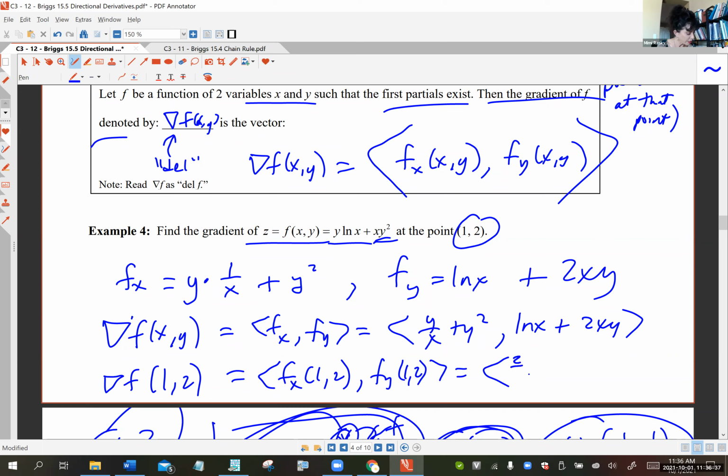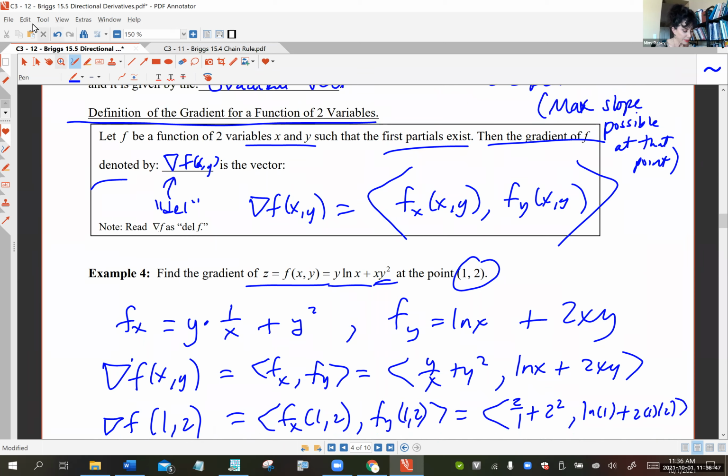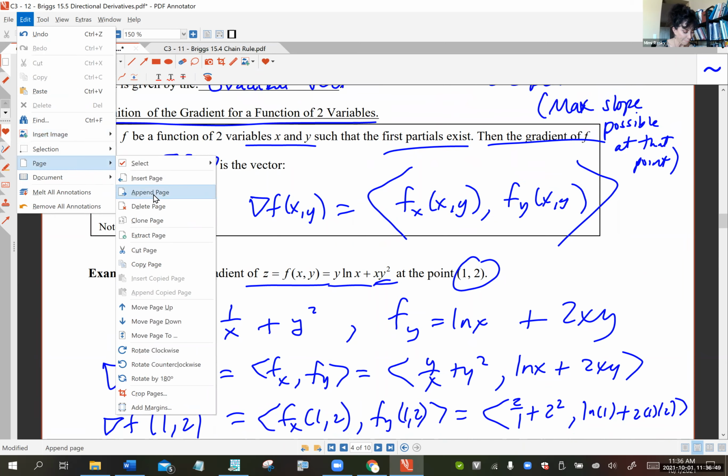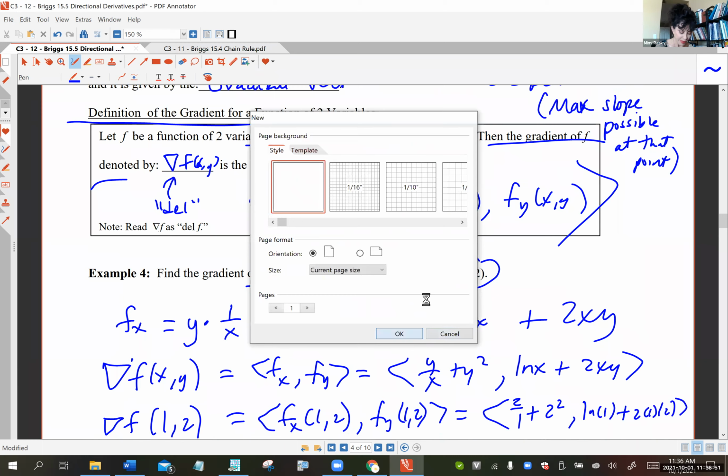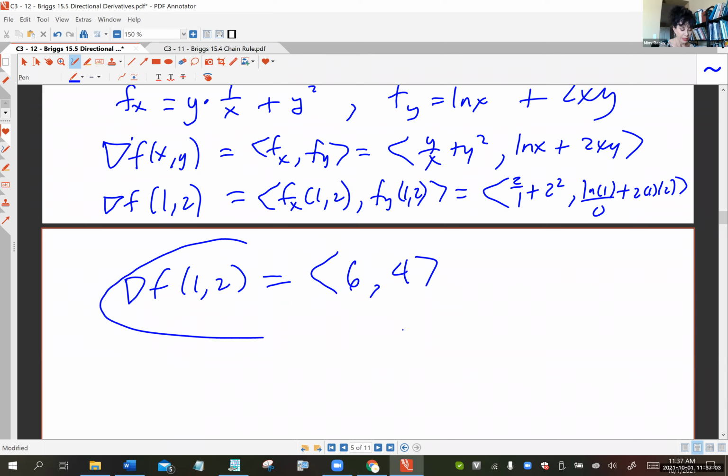Let's see, 2 over 1 plus 2 squared for the first component, ln of 1 plus 2 times 1 times 2 for the second. ln 1 is 0, that's nice. I get (6, 4), and I'm done.